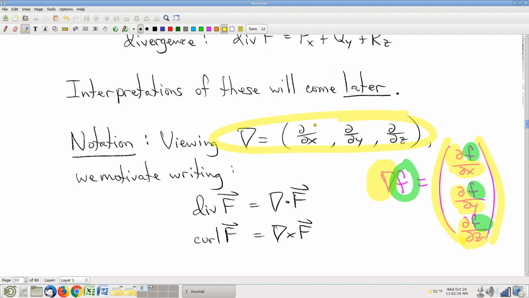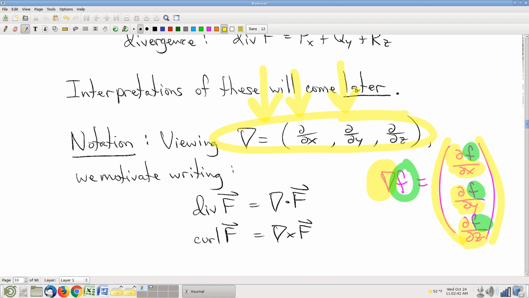The motivation, I think, is again pretty clear. I emphasize though, this thing here is not gradient. Gradient is what you get when you take that del operator and then apply it to a function. Then you get the gradient of that function. By itself, it's just the del operator. That's it.